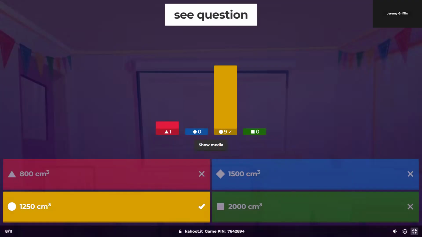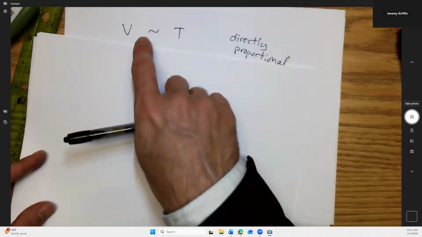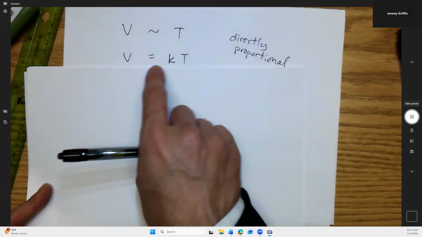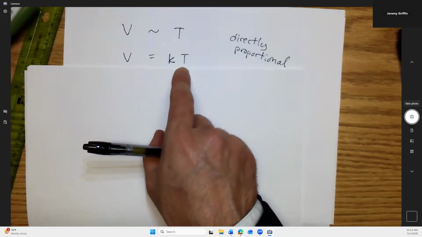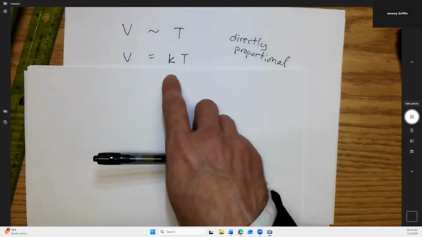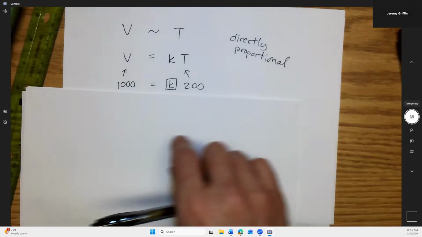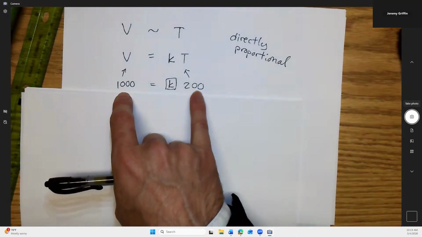Alright, yeah, awesome. Okay, so solution here. So, guys, whenever you see this phrase, directly proportional, I would immediately write this on my paper. I'd say volume is equal to some constant times the absolute temperature. Again, I think all your Alex questions were framed this way. They had to solve for this K. Then you were given one specific pair of values. You were told that the volume is 1,000 cubic centimeters when the temperature is 200 Kelvin.